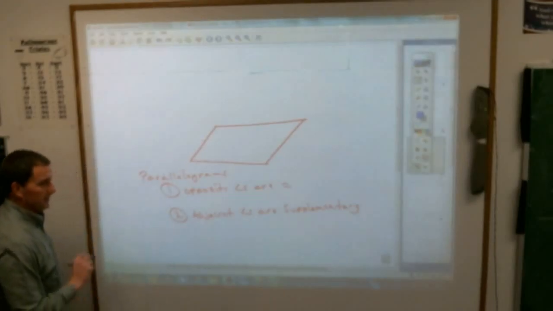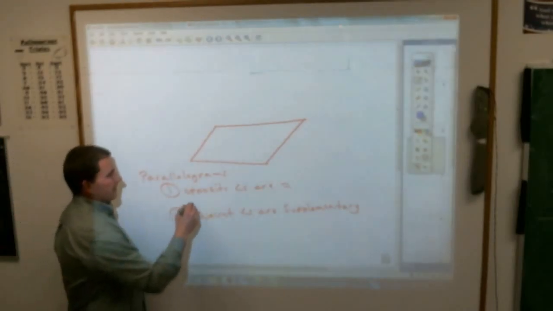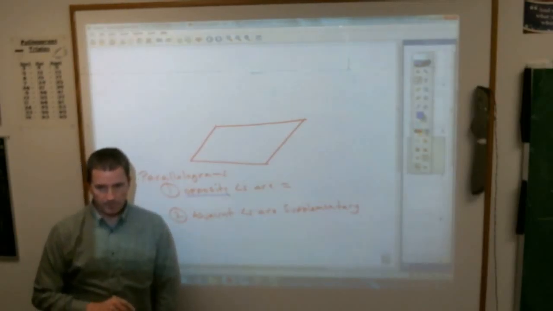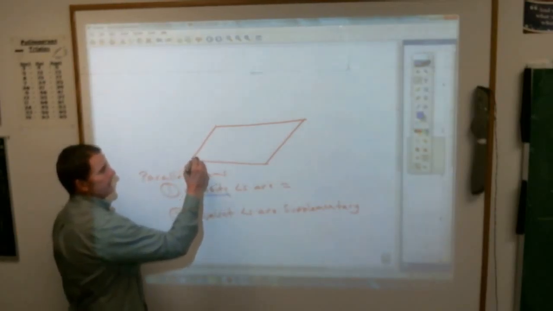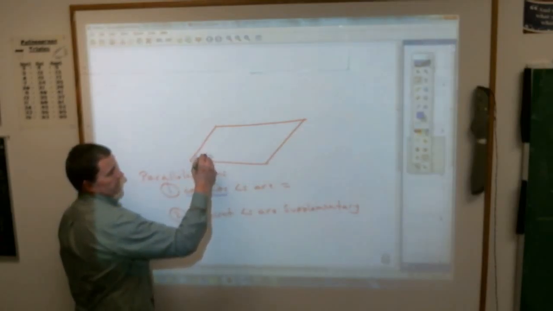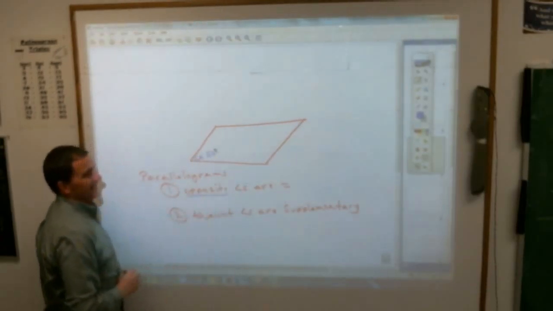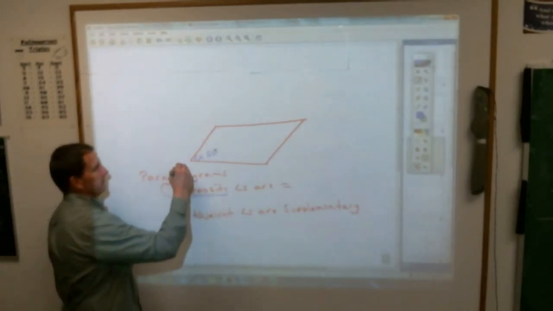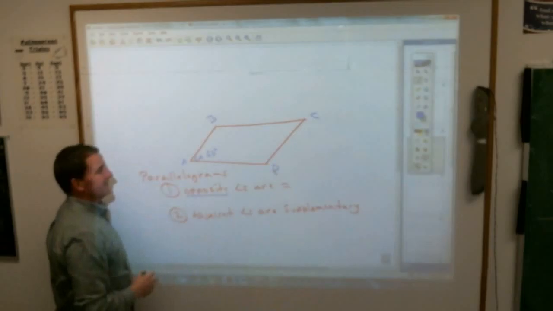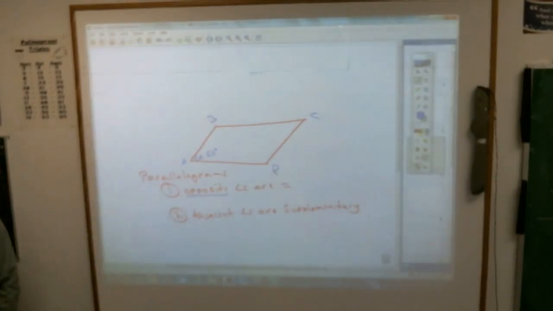That means this. Let's take the first one. What do you suppose opposite angles mean when you talk about a shape? Let's say this is angle A, and let's say it is 50 degrees. I should label it, here's A, B, C, and D. What angle do you suppose is opposite of angle A, Elijah?